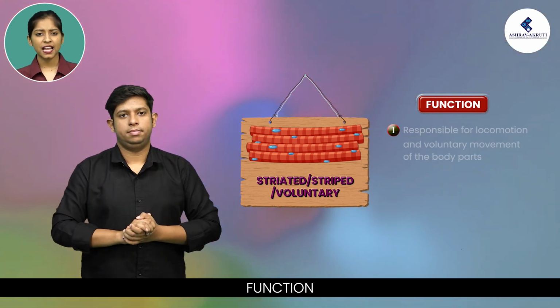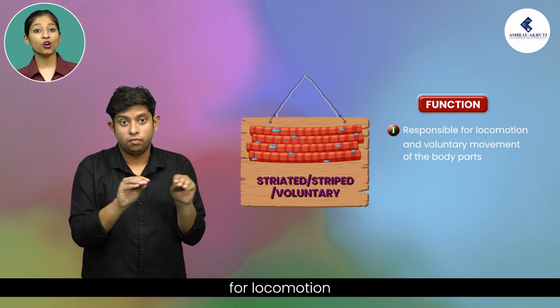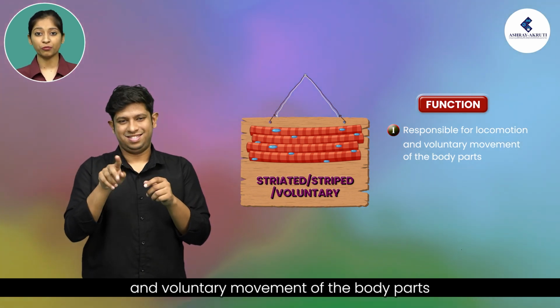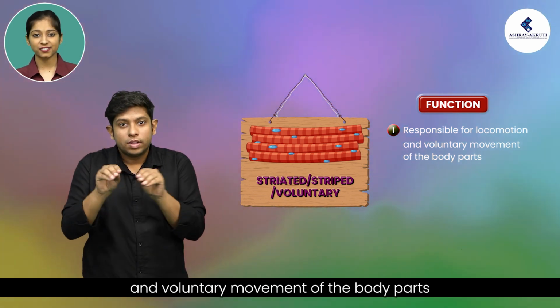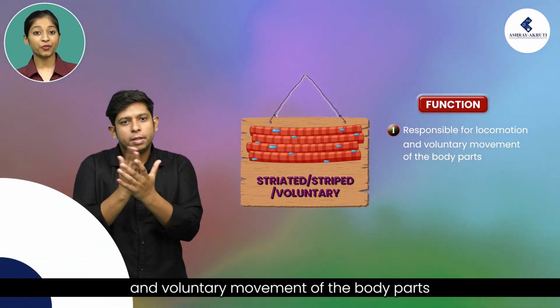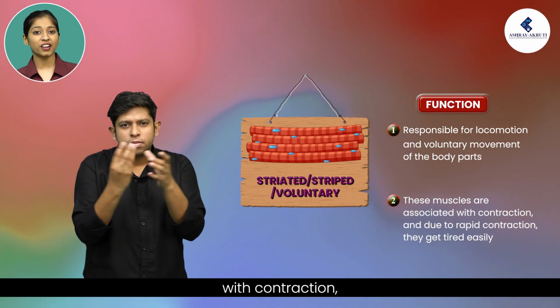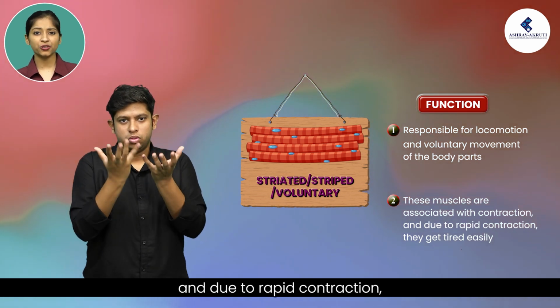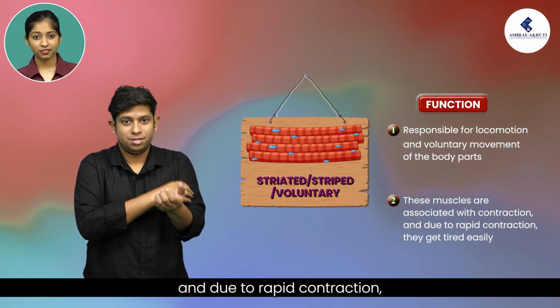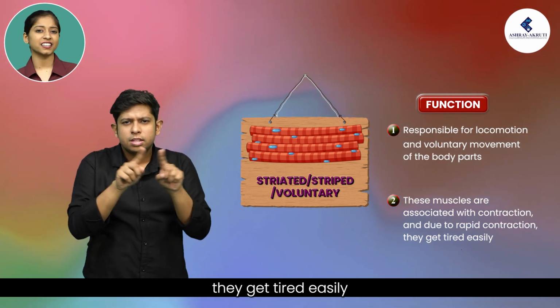Function: responsible for locomotion and voluntary movement of the body parts. These muscles are associated with contraction, and due to rapid contraction, they get tired easily.